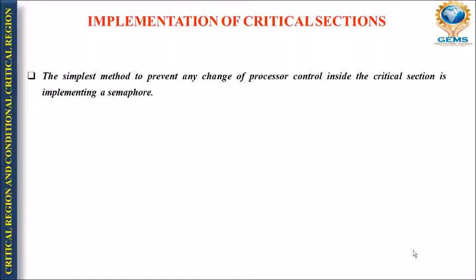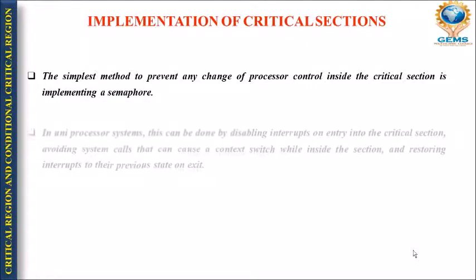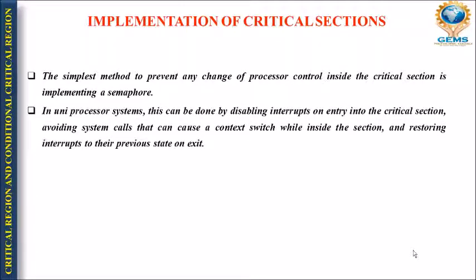The simplest method to prevent any change of process control inside the critical section is using the semaphore. So how will we control the access of other processes to the critical section? It is done with the help of the semaphore, right? While talking about a processor system, this can be done by disabling the interrupts to enter into the critical section.